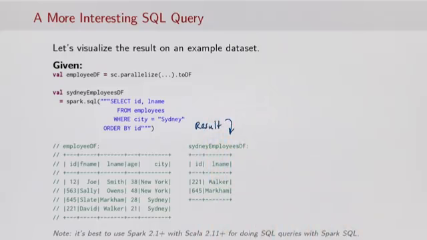We've obtained our resulting dataset by selecting only these two columns, and then filtering out the records where city equals Sydney. So we get rid of these two people that live in New York here, and then we sort the elements by order of increasing ID numbers. So in this dataset, the IDs are backwards, and here they're now in the right order.